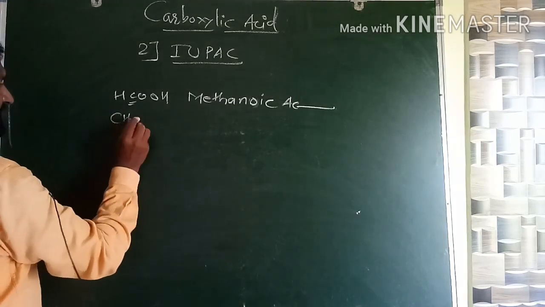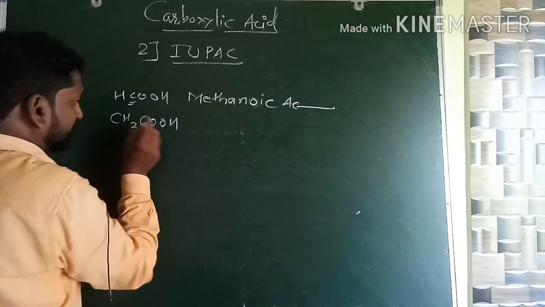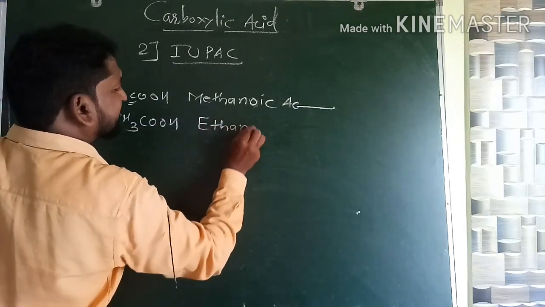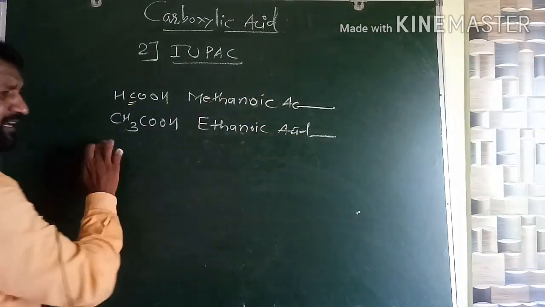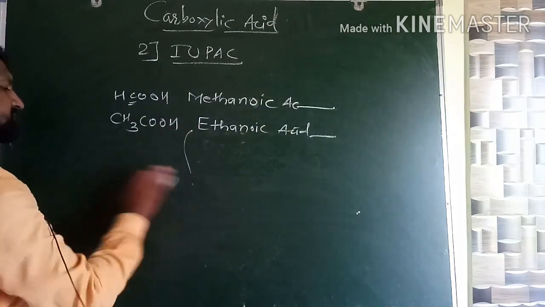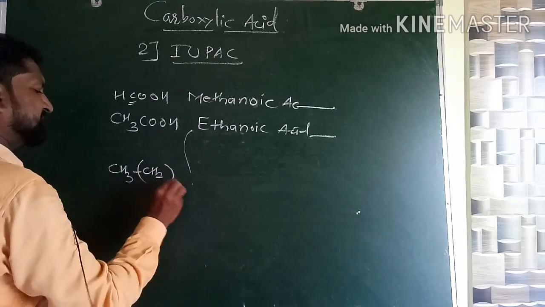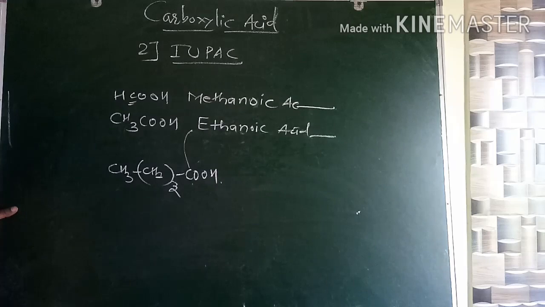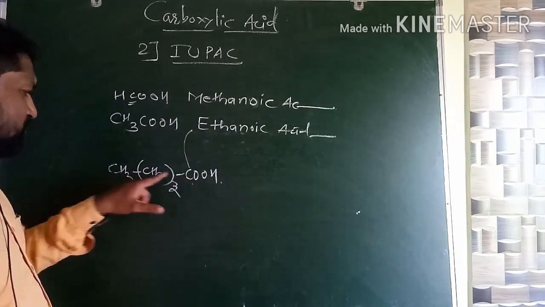Next, CH3 COOH. Ethane, two carbon containing, therefore it will be ethanoic acid. Similarly, you can write for all. I assume you know very well. So let us write this CH3 (CH2)3 COOH. What is this? 1, 2, up to 5.